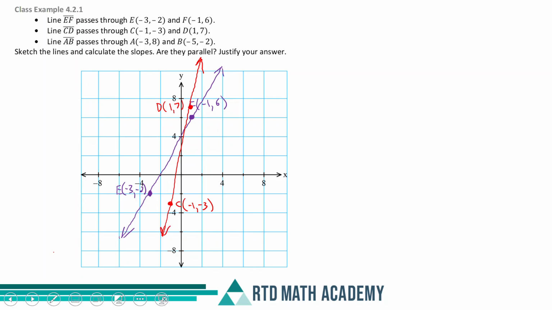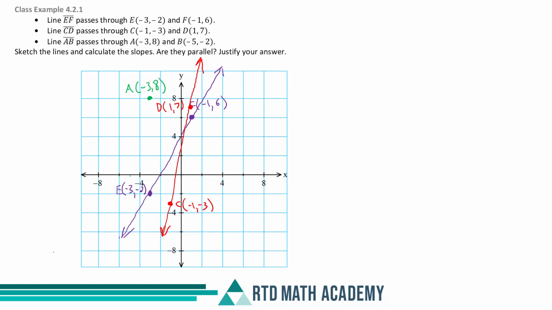All right, and then I'm going to grab one more color. So now A is at -3, 8. So -3 and then up to 8. And then B would be at -5, 2.